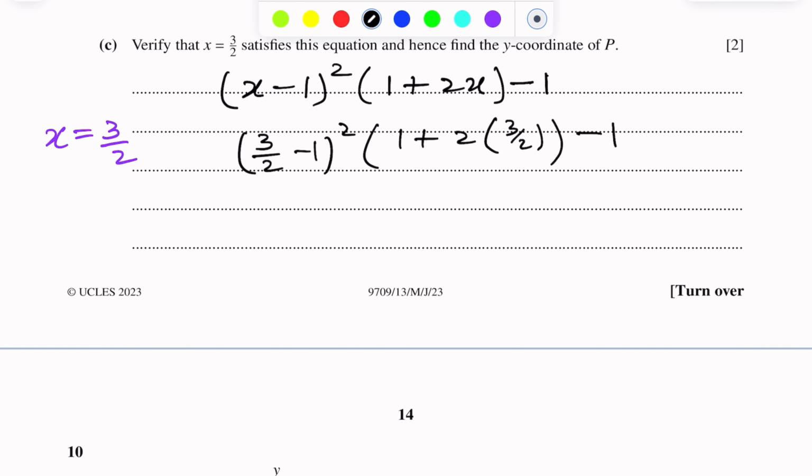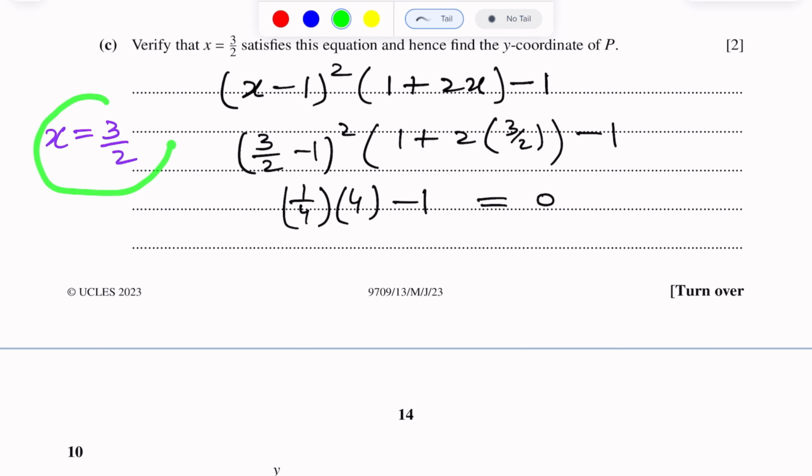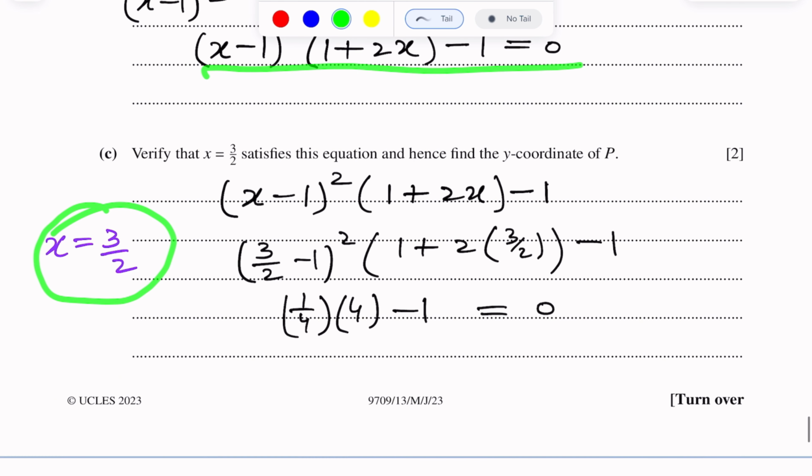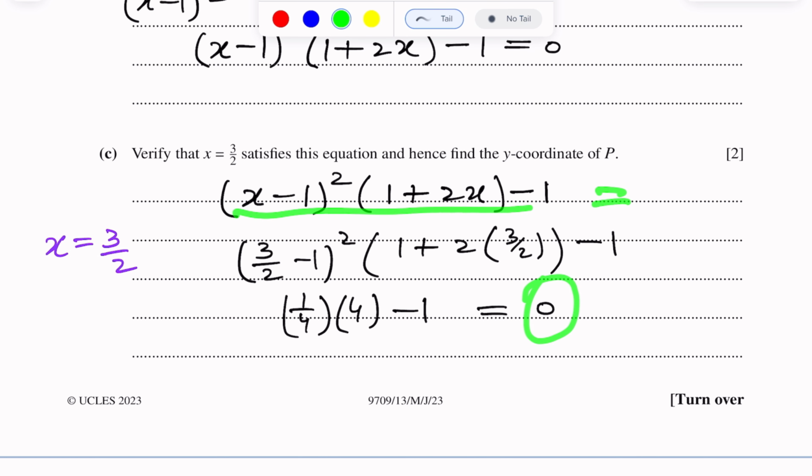Simplifying, we get 1 over 4 into 4 minus 1, cancel out, 1 minus 1, that is 0. This is verified that x is equal to 3 over 2 satisfies the above equation, because the right hand side is equal to 0.